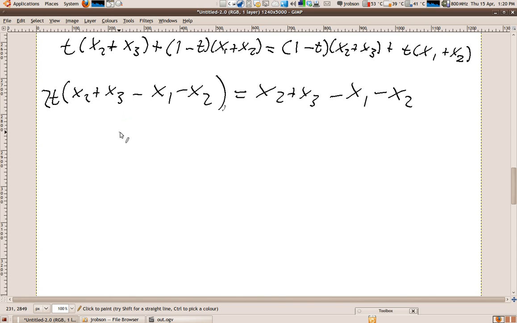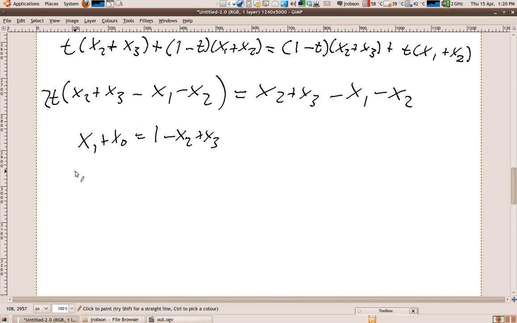The numbers are messy however you do this, but we're going to try and make them slightly easier by noticing that these are kind of mutually exclusive. So x0 plus x1 is also equal to 1 minus x2 plus x3.